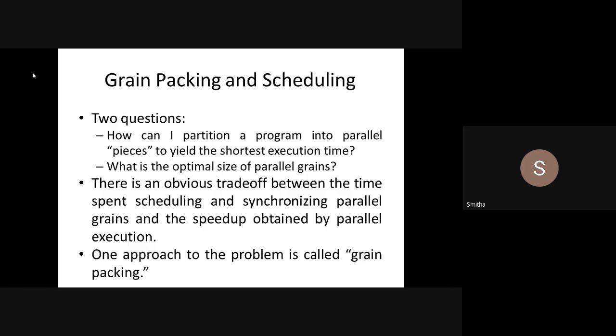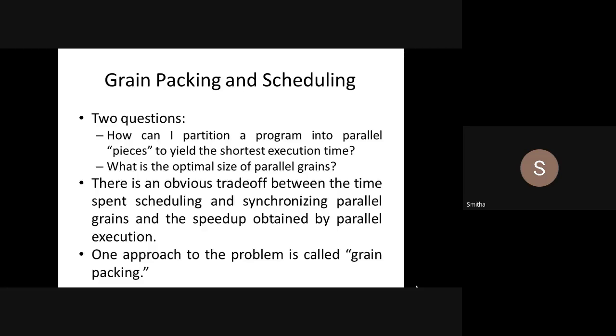We know that when we have a large number of instructions there is a disadvantage, and when we have fewer instructions there is a disadvantage or advantage. We have seen both, so we have to balance those things. There is an obvious trade-off between the time spent scheduling and synchronizing parallel grains and the speedup obtained by parallel execution. Now, what is scheduling, students?